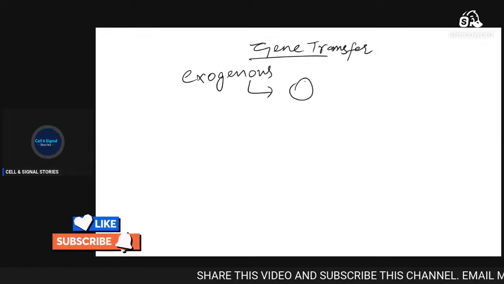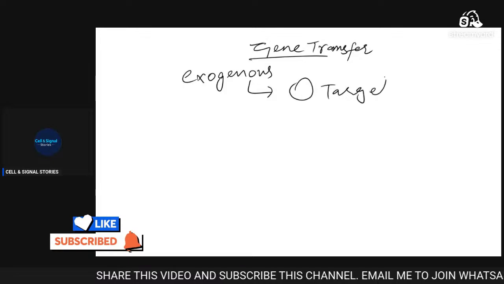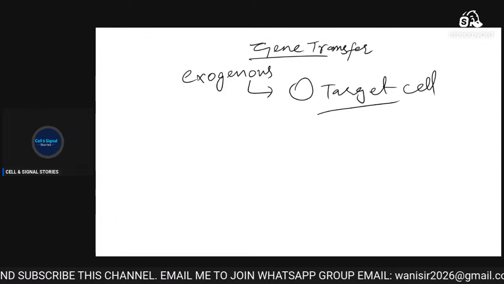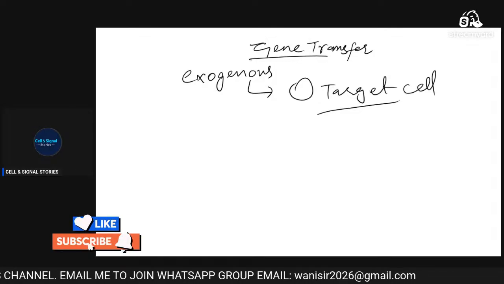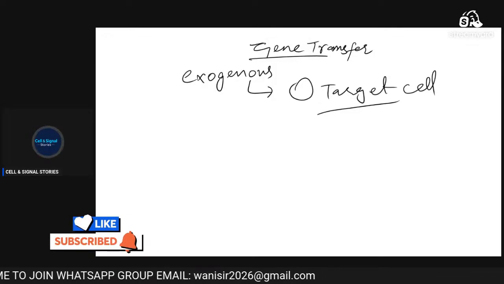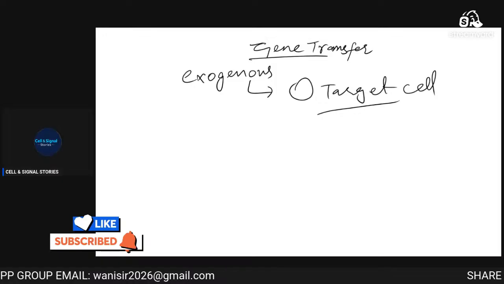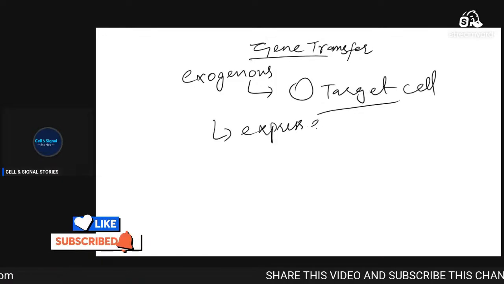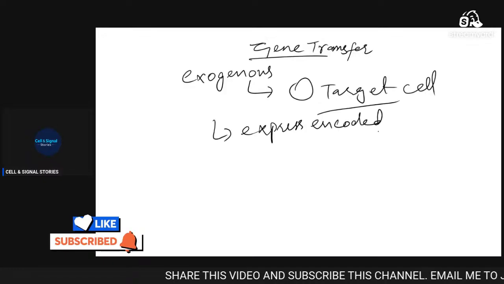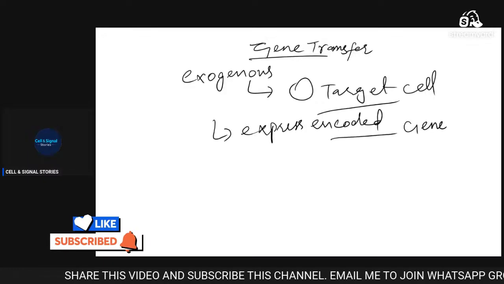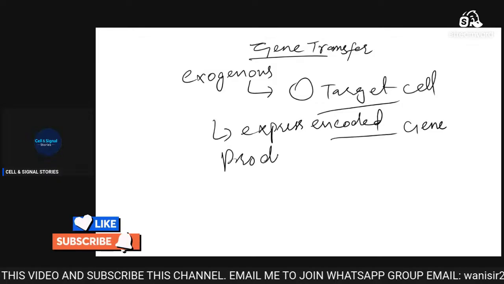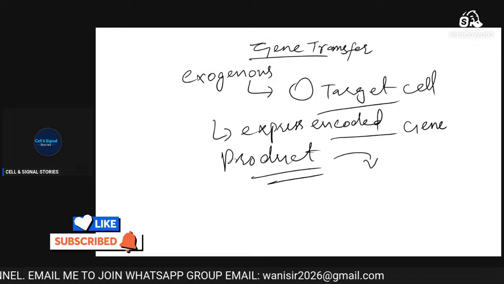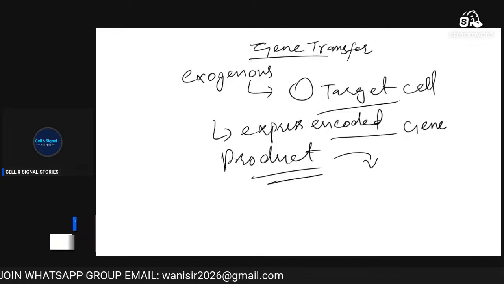So gene transfer is transferring the exogenous DNA into the target cell so that the cell can express the encoded gene product, such as a protein or therapeutic RNA. This is important so that we can get the desired gene product, a therapeutic protein or a therapeutic RNA.